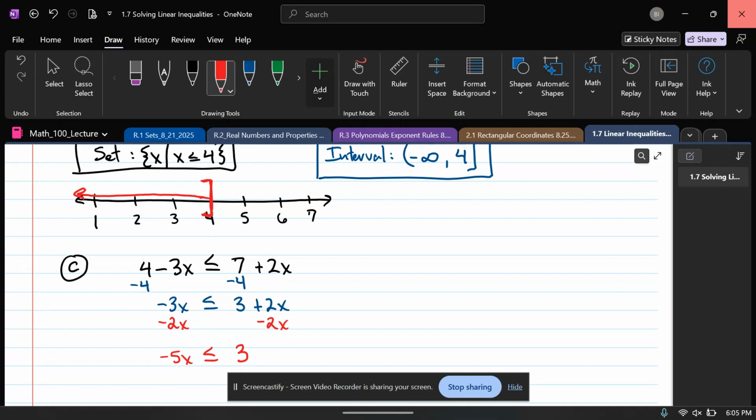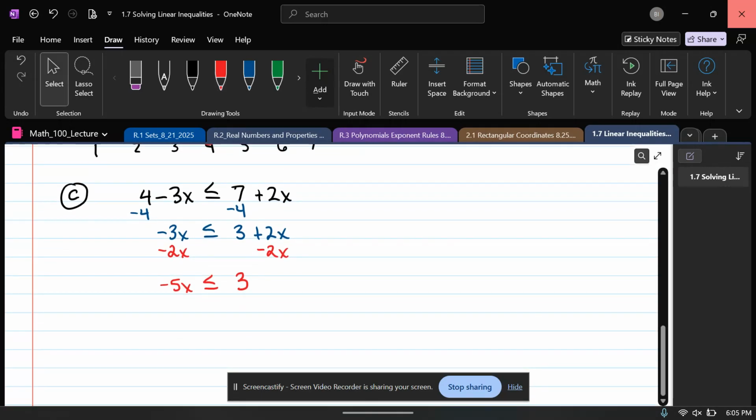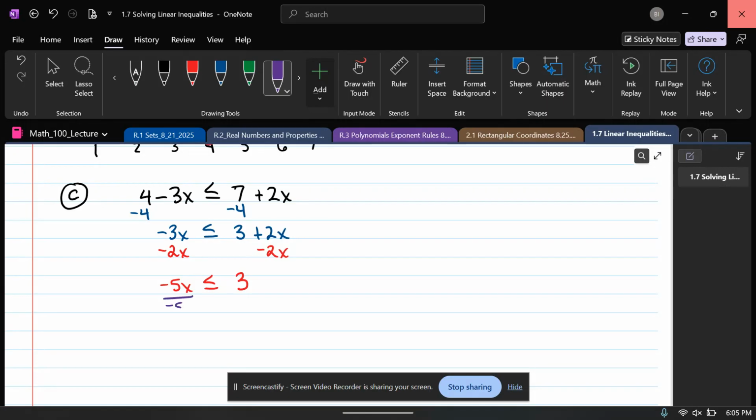Okay. I am 1 step away from having the answer here. What do? Divide by negative 5, and because I'm dividing by that negative, I flip the symbol to be greater than or equal to, and I got the fraction negative 3/5.